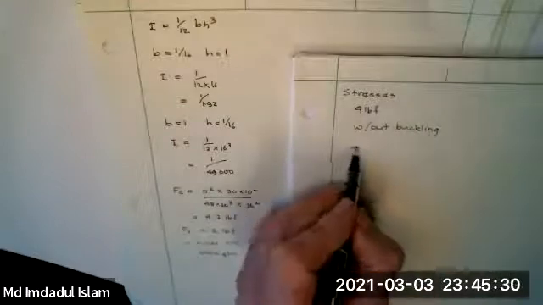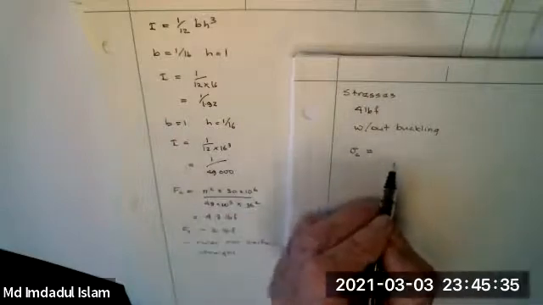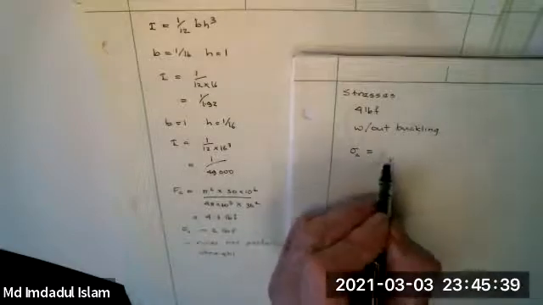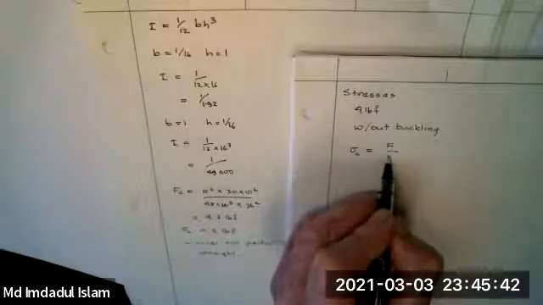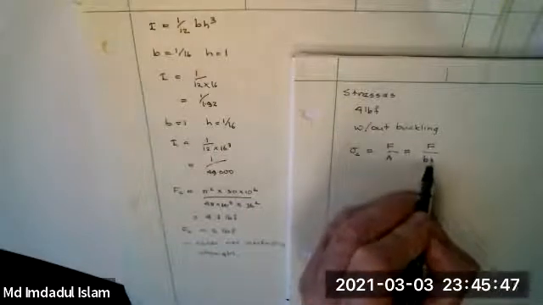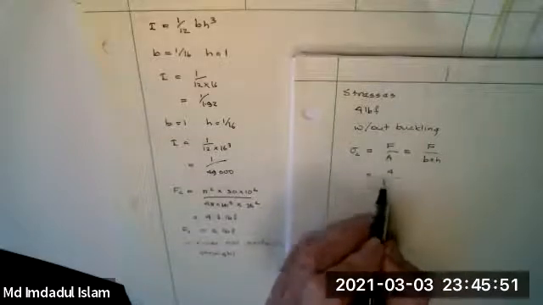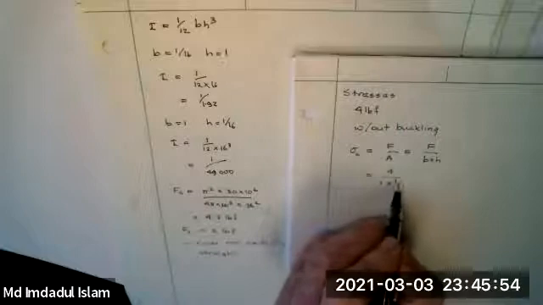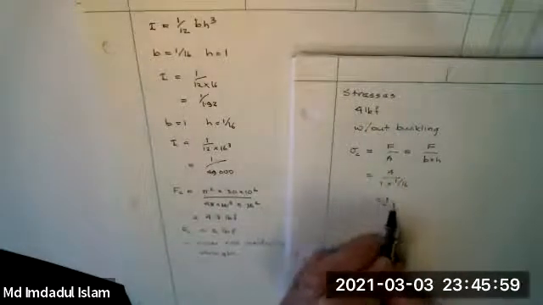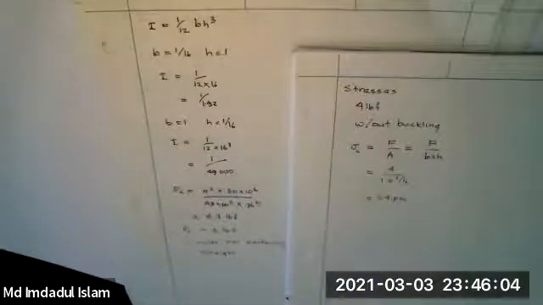Then the stress, the compressive stress, or pressure if you like, but if I say it's compressive stress, I'm not going to bother putting a minus sign on. Four times 16, 64 PSI. So if it didn't buckle, 4 pounds does nothing.